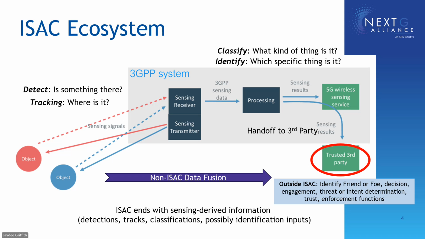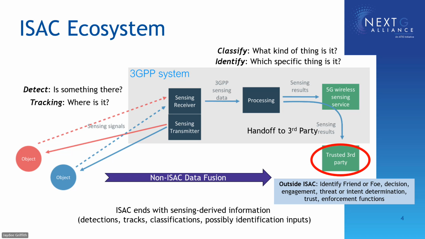However, when you look at ISAC itself and many of the use cases for ISAC, the sensing data is not going to be used by the mobile network operator or the 3GPP system. It's actually going to be handed off to some trusted third party that is going to be the consumer of that data and take whatever action they want.